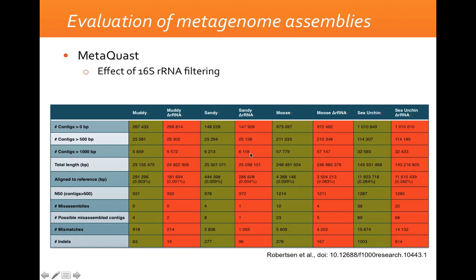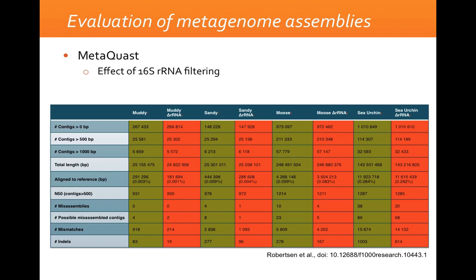I put this slide in here just to show you that we have used MetaQuast in a study to show that when you do random metagenomic sampling, there will be a lot of 16S RNA sequences among the sequence reads, and these are very conserved genes among species. So for an assembler, it could be very hard to separate two 16S sequence reads from each other if they are from quite closely related species.